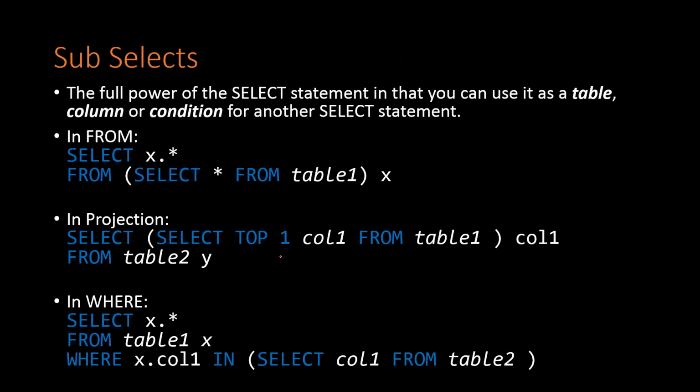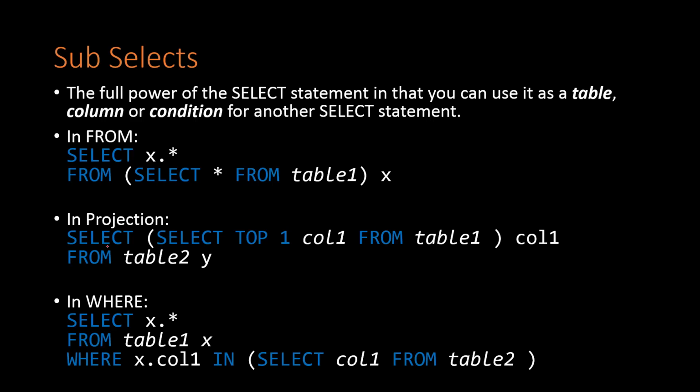So one other thing that I bring up, because it's something that may happen to you during the course of the semester, is you might require to use a subselect. And all this is using the full power of the select statement in either the row, the column, or the where. And you can build a subselect that, for example, does a select from, rather than selecting from a table, you select from a select statement.